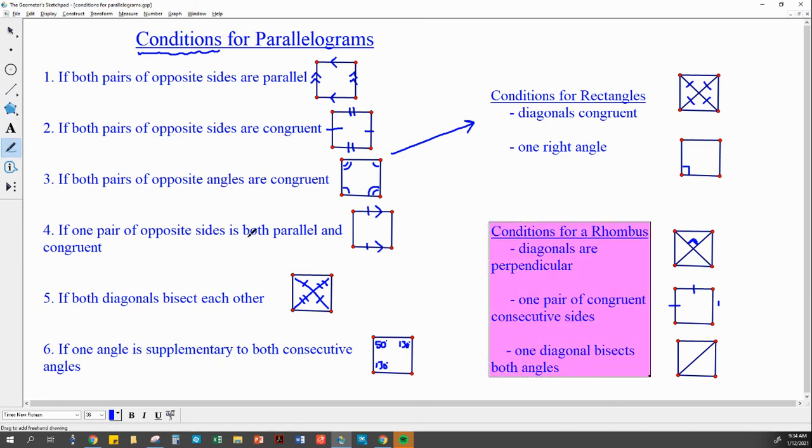If we know that that one diagonal has cut this angle in half, and done the same up here, then that parallelogram will be more than a parallelogram, and it'll actually be a rhombus.